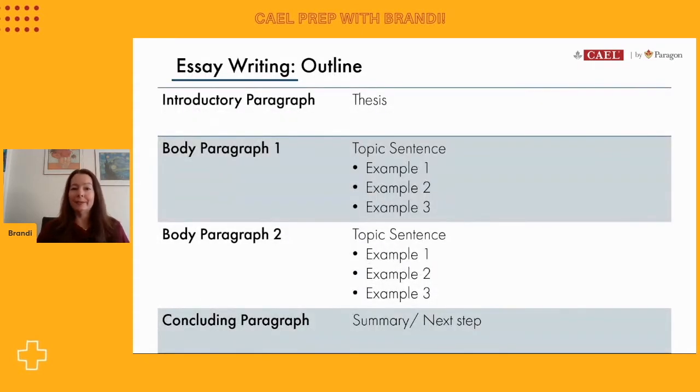So again, last week we looked at how to gather information from the source material itself, and we spent that episode putting together this outline. We wanted to answer the question on the test first to clearly identify our thesis, and then again, we wanted to look at finding enough supporting details to offer up these 2 body paragraphs.